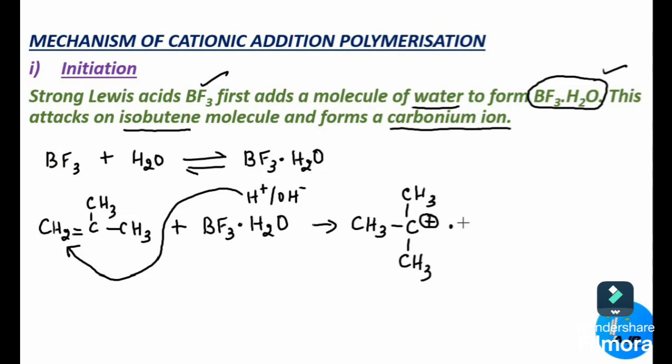Then we write the rest: BF3 OH minus, because H+ has gone to the carbon, so the remaining part of H2O is OH minus. So this is the carbonium ion. As I told you in the beginning, this involves the formation of a positively charged carbonium ion, and that's why it is called carbonium ion addition polymerization.